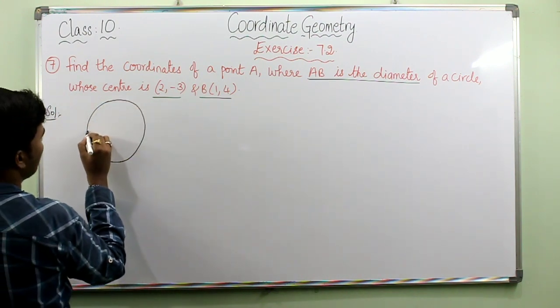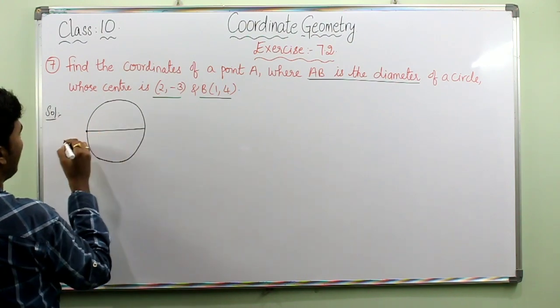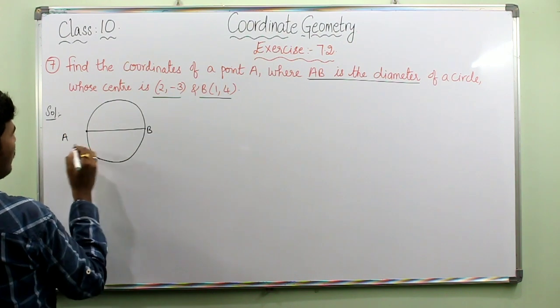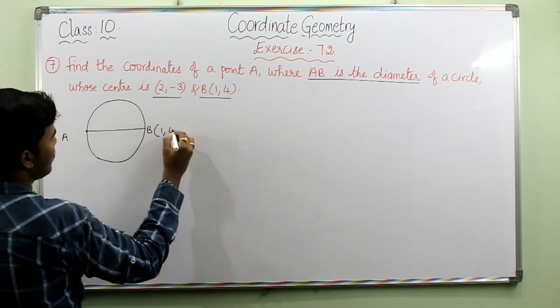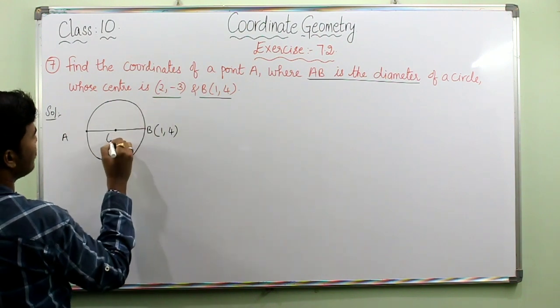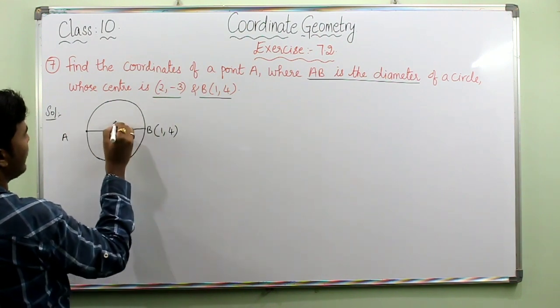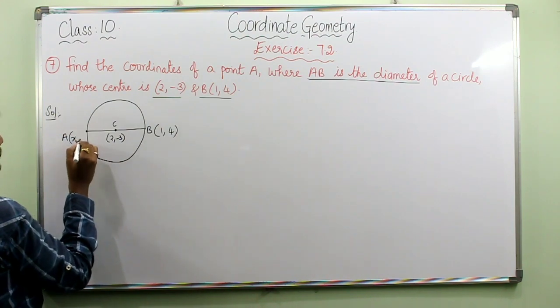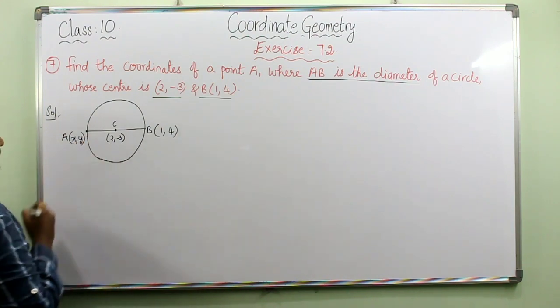Let us assume this is the diameter and name the ends A and B. The B point is given as (1, 4) and the center is given as (2, minus 3). Let us take it as C. As we don't have the A point, let us name it as (x, y).